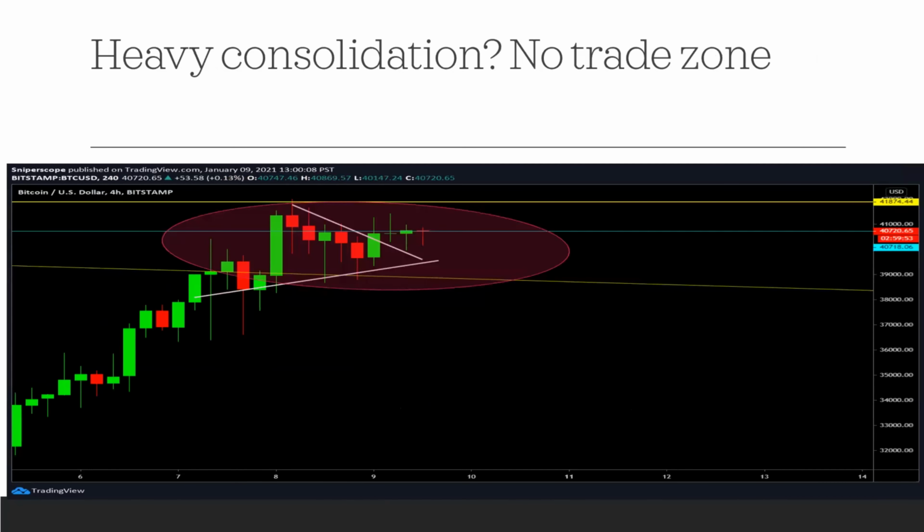Every consolidation is going to be a consolidation zone, and it's going to be a sideways market or a range market. There are so many words for it, but anytime you see this, that just means don't trade, guys. The thing that always got me, and it took me so long in my learning curve, was that when I was a new trader, I always felt like I needed to be in the market just because the market was moving.